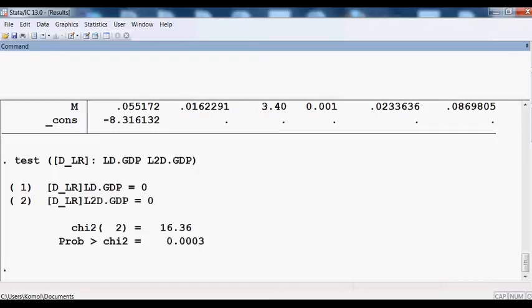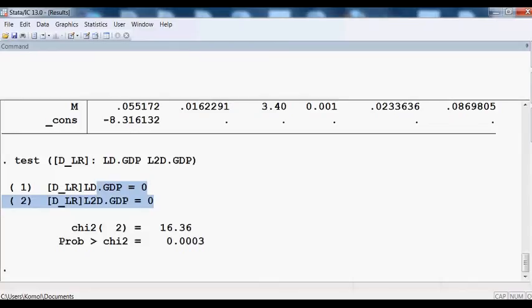So here you can see the hypothesis. It is 0 or 0, right? And it is chi-square, and it is the probability. So here we can see that we can reject the null hypothesis, meaning that they are not 0, because it is our null hypothesis, right?